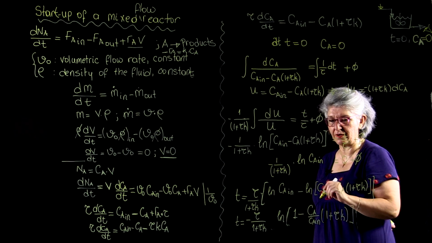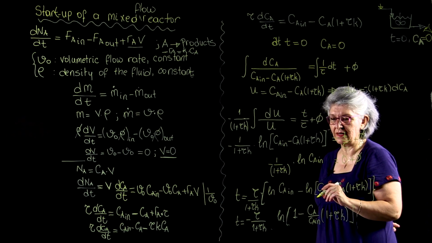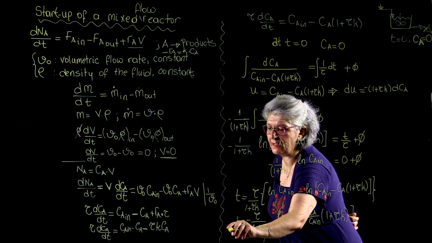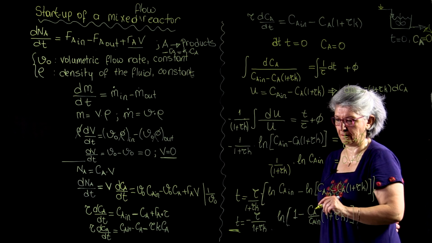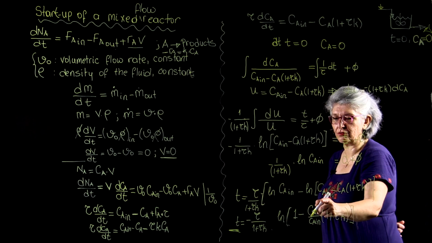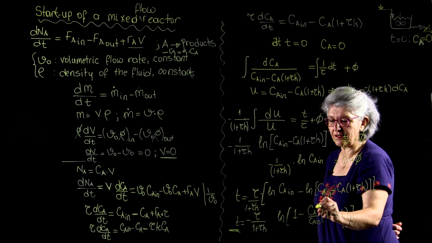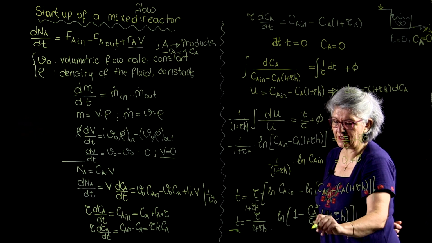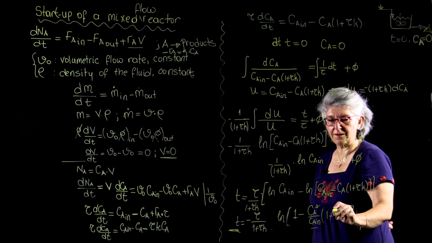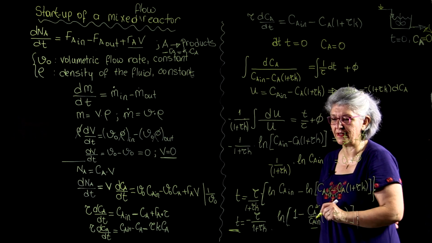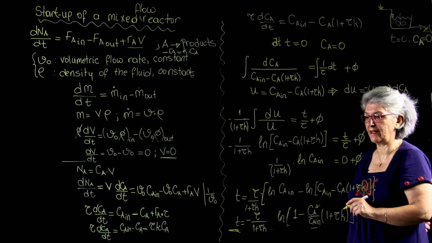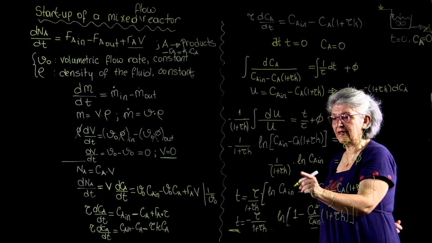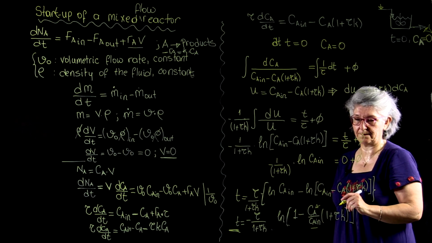Now we have an equation that allows us to calculate how much time it takes in order to have a concentration of Ca, if our Ca,in is this, if our space-time is that, if our rate constant is that. So this is the expression that relates time to the concentration.